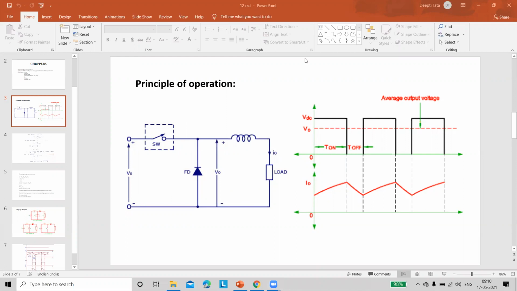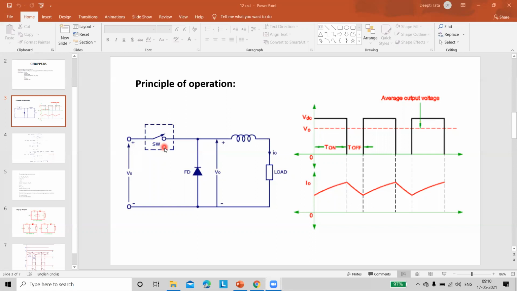That means during the turn on condition, the amount of current flowing through the circuit is represented by I naught and the voltage across the load is represented by V naught. And from this operation, it is clear that during the turn on condition, you are going to get some output voltage and current.